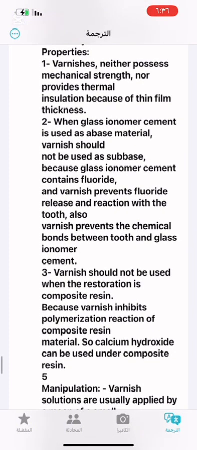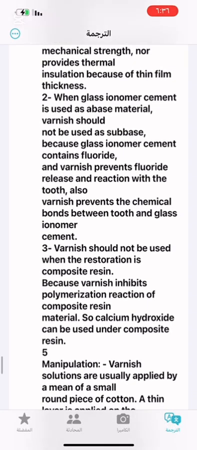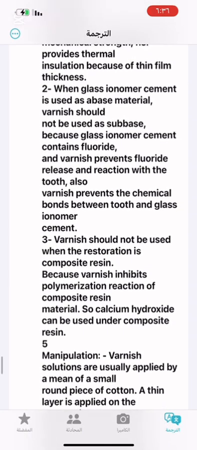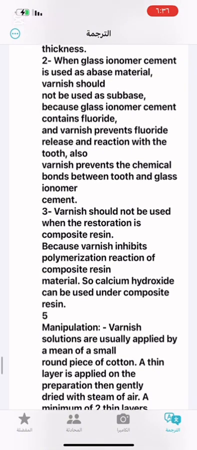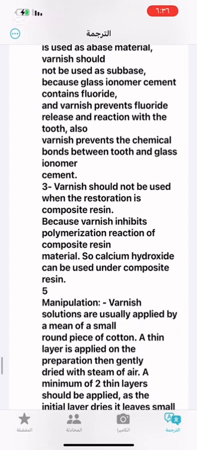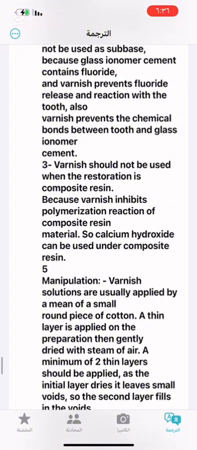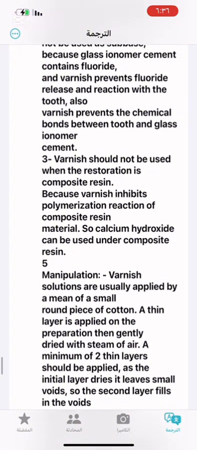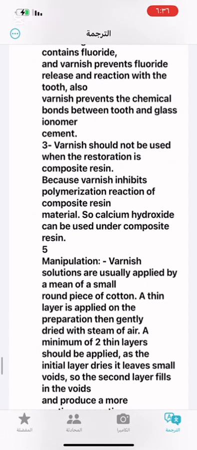When glass ionomer cement is used as a base material, varnish should not be used as a sub-base because glass ionomer cement contains fluoride, and varnish prevents fluoride release and reaction with the tooth. Also, varnish prevents the chemical bonds between tooth and glass ionomer cement.